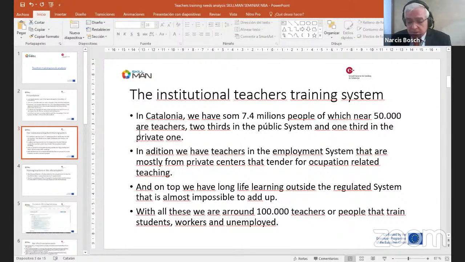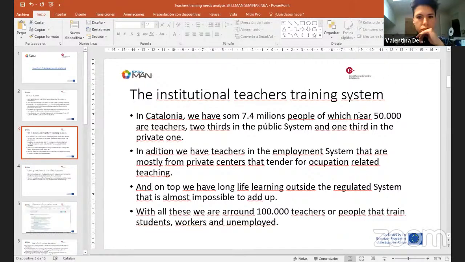We have in our region quite a developed institutional teachers training system. We are some 7.5 million people, and we have nearly 50,000 teachers, 2/3 in the public system and 1/3 in the private one.